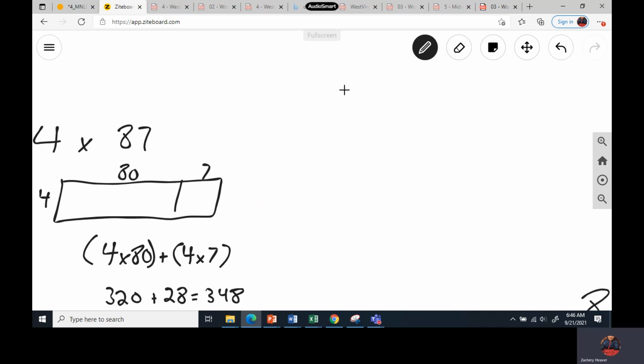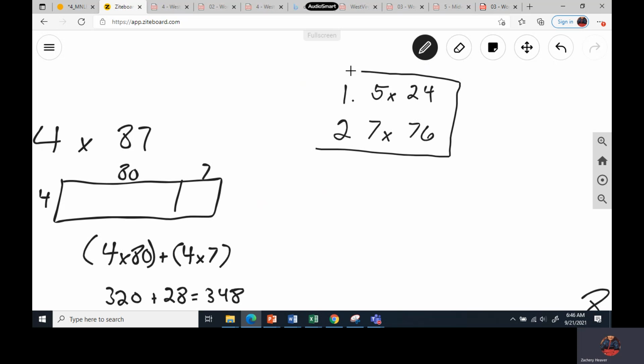I'll even give you 3 from yesterday. You can do these 2. Let's do 5 times 24 and 7 times 76. That's from yesterday. Try those on a piece of paper, see if you guys can break it apart. And 3 and 4 would be for today.